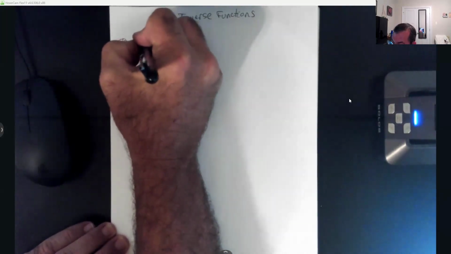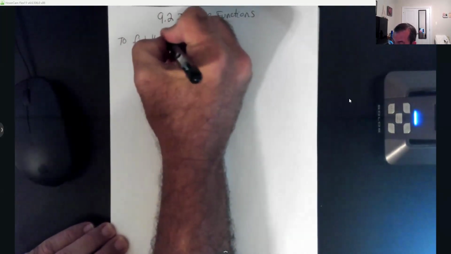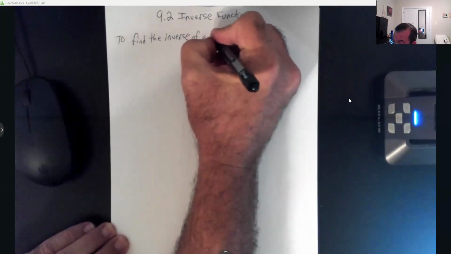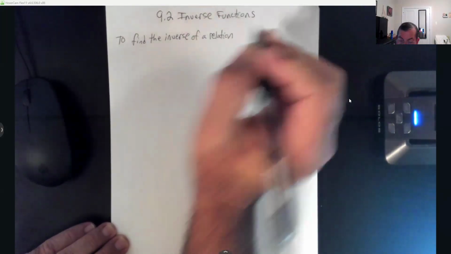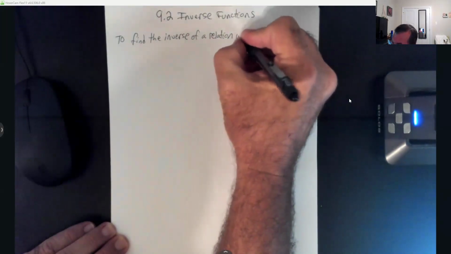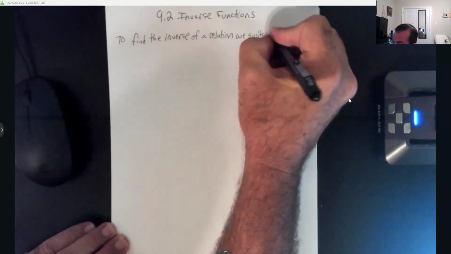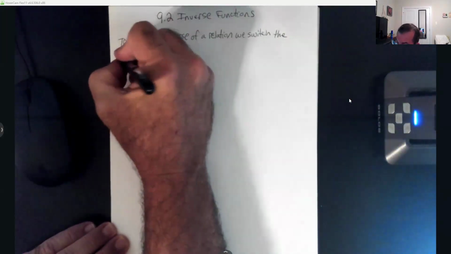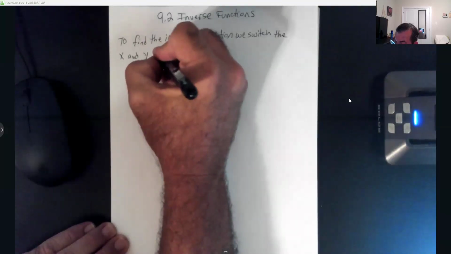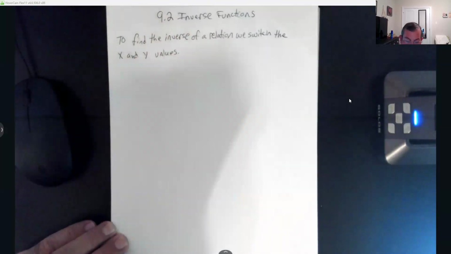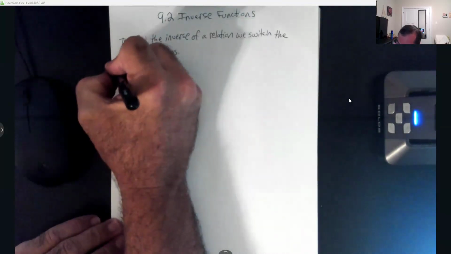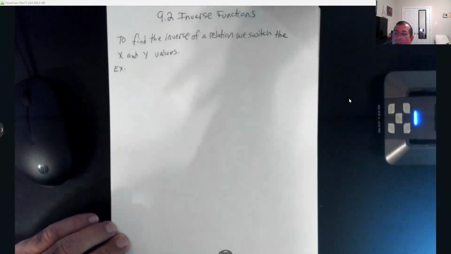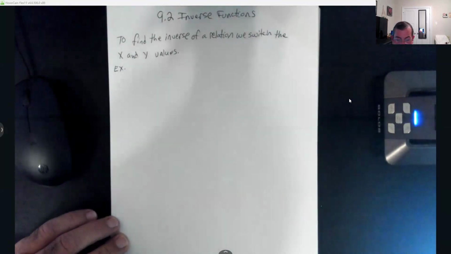So y'all, to find the inverse of a relation, we switch the x and y values. So this is getting you used to the idea that on inverses, you basically switch x's and y's around, okay?